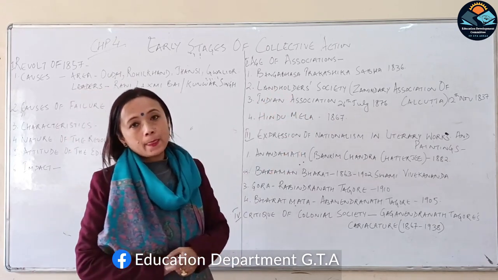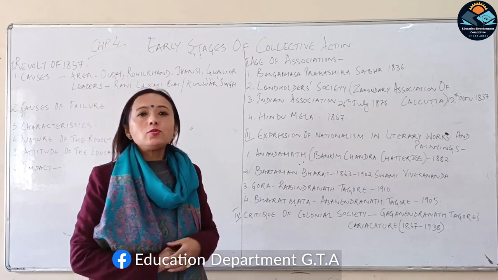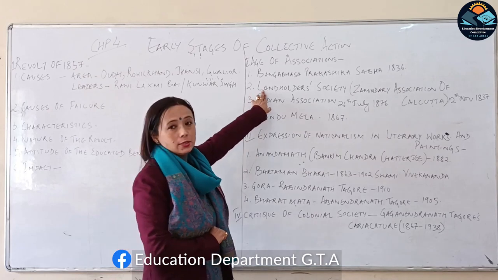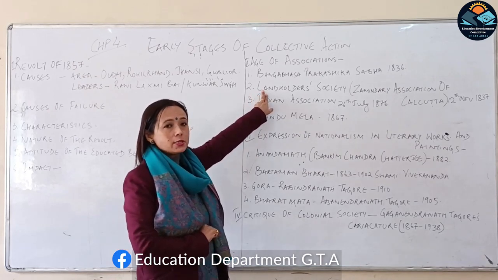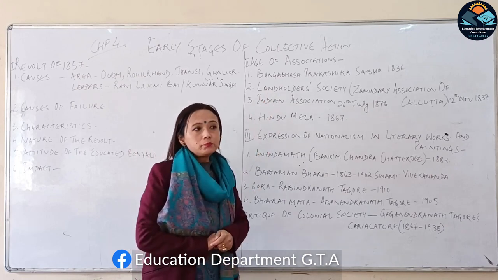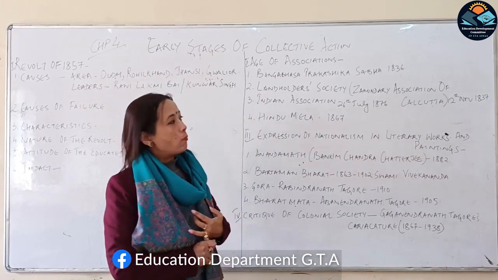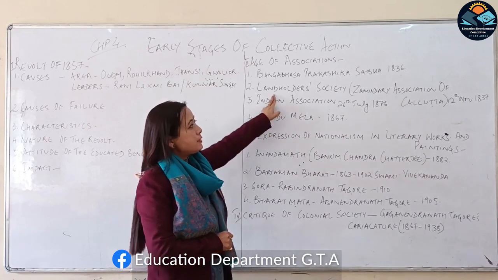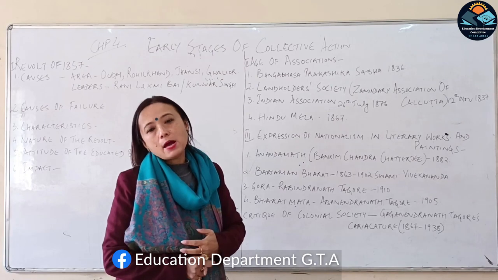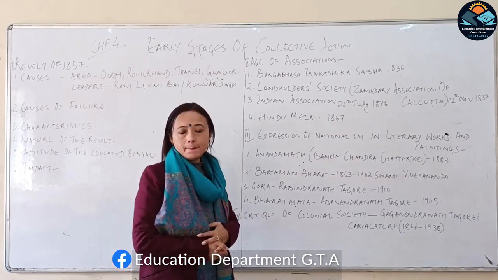Now, it was attended by Radhakanta Dev, Raja Ram Mohan and many others, and later the society came to be known as the Landholders Society in 1858. Now, with what objectives was this society formed? There were many objectives. I will tell you a few of them. Number one was to protect the interest of the zamindars of Bengal, Bihar and Orissa.